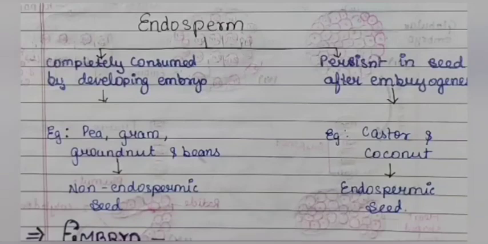Now, if we talk about the endosperm, there are two cases: whether it gets completely consumed during embryo development, or whether it remains even after the embryo is developed. If the endosperm remains in the seed, that is known as an endospermic seed.